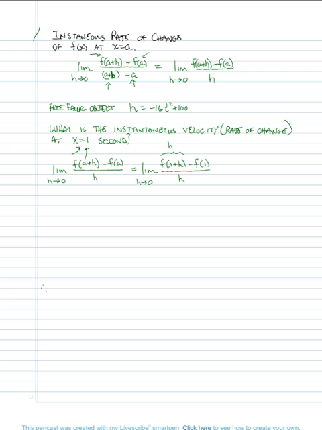That's the height value when time is equal to 1 second plus just a little bit more. See, h is an amount that's getting smaller. So this is the height when t is 1 plus h, and this is the height when the time is exactly 1. Before we can calculate these limits, we need to know those pieces.